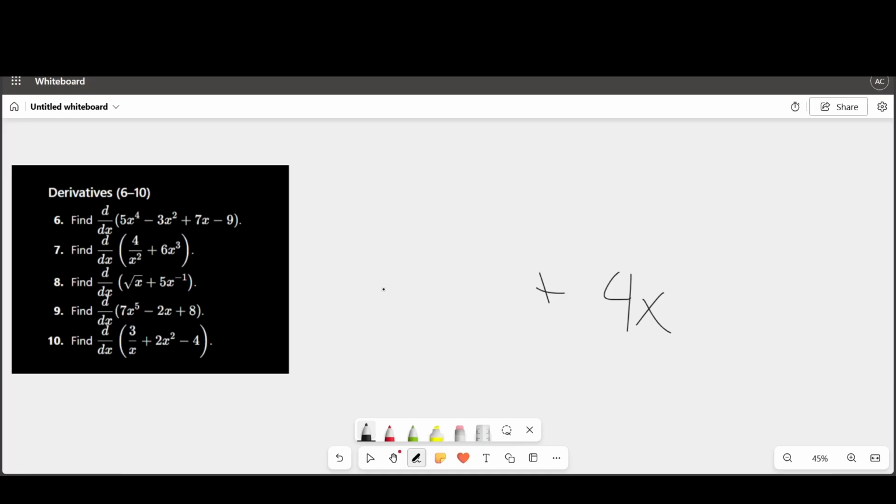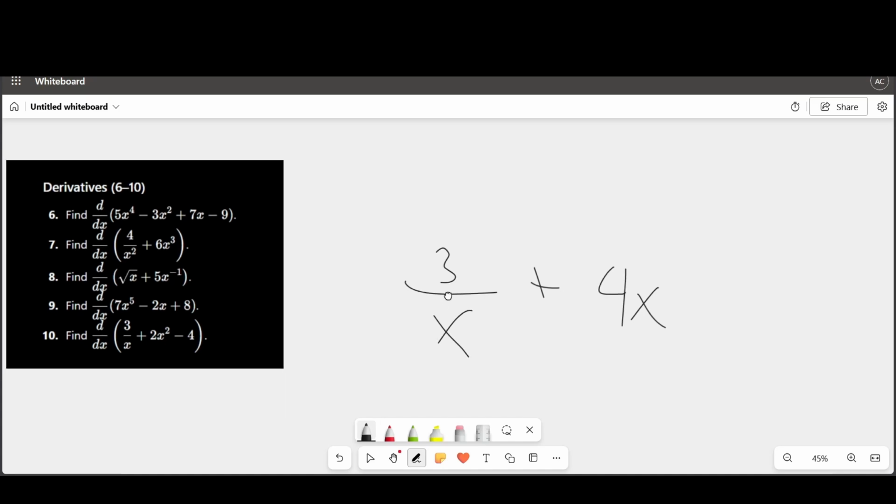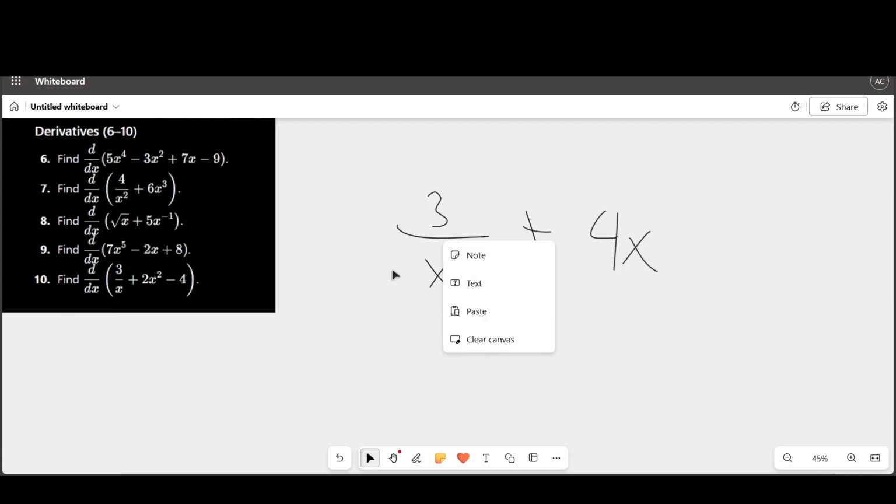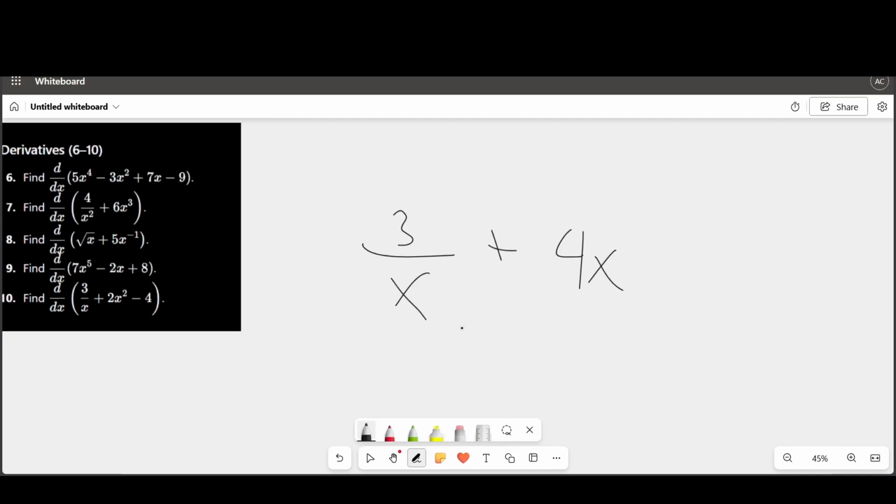Okay, so we just move stuff around. So we have 3 over x here. We're just going to move x to the numerator and then differentiate and then put it back to the denominator. And for the negative sign for a whole fraction, you have to differentiate first. Okay, let's go back to x.